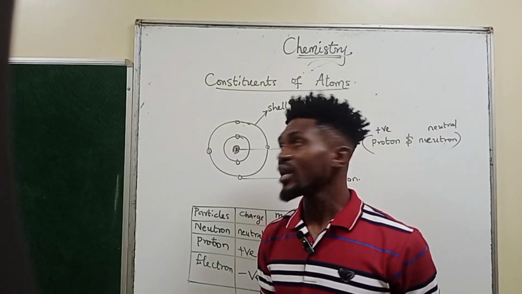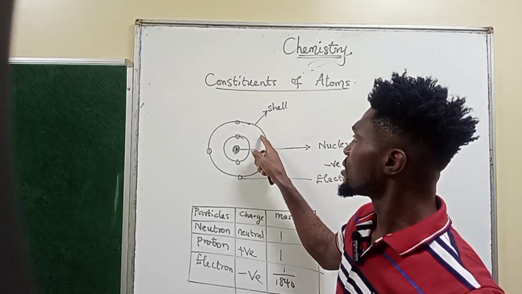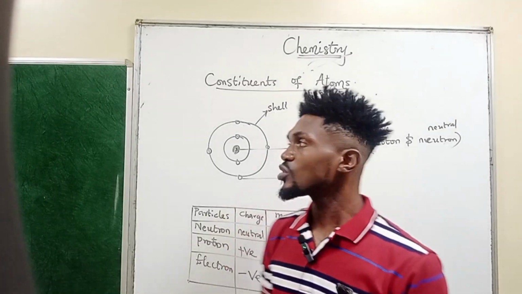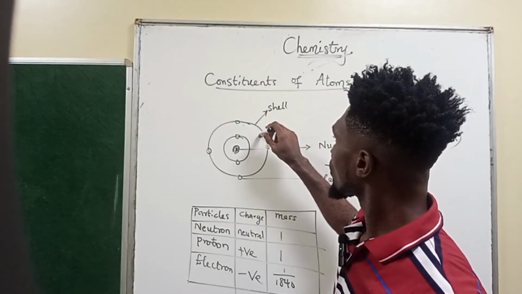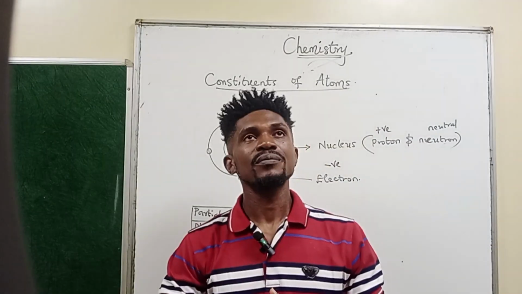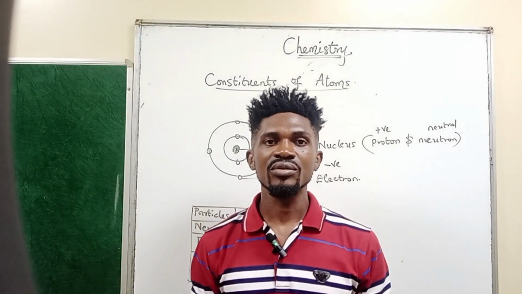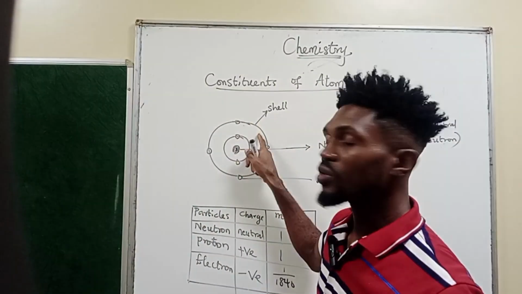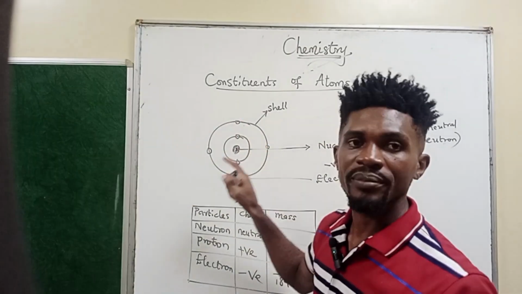And remember, I mentioned that the number of proton and the number of electron are the same. That is why an atom is electrically stable. Reason being that if we have 6 electrons, we have 6 protons that is going to neutralize each of them.